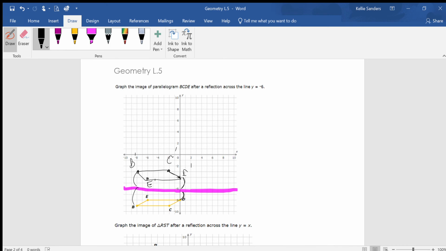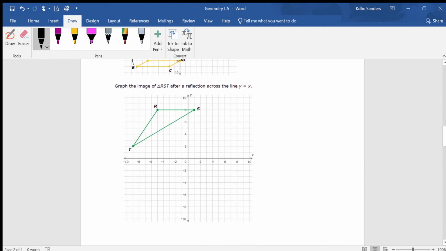You can kind of see the mirror image on this. Now the rules on crossing a y line or an x line are a little bit long and complicated. I'm not going to go over that during this lesson because it's not going to be really useful until we get to L6, but we will go further when we get there.